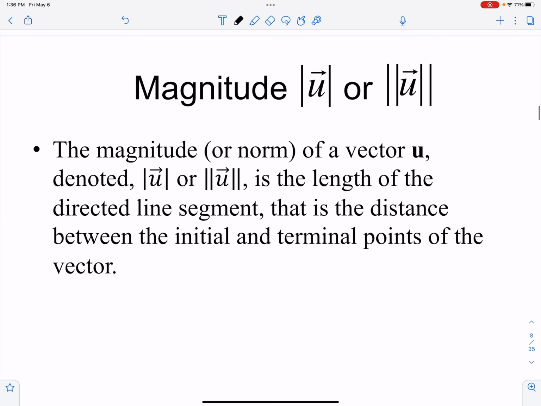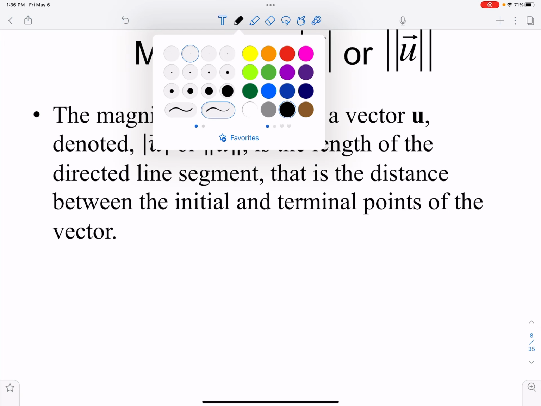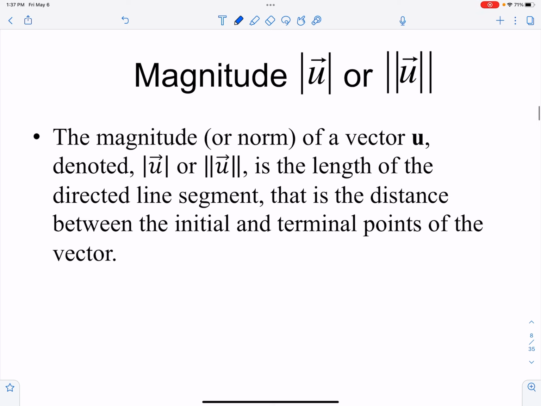The magnitude of a vector is just the length of the vector, the length of the directed line segment that represents the vector. Another term for magnitude is norm, and there are 2 different notations commonly used to represent magnitude: the absolute value bars, but also double absolute value bars can be used.